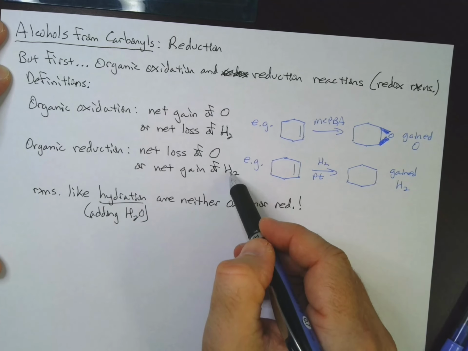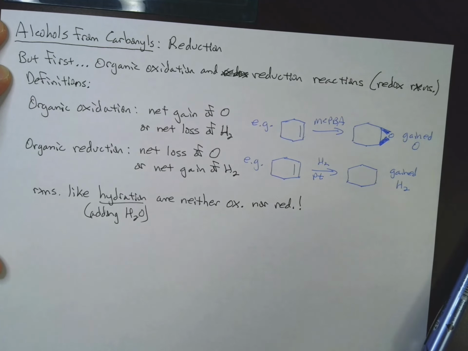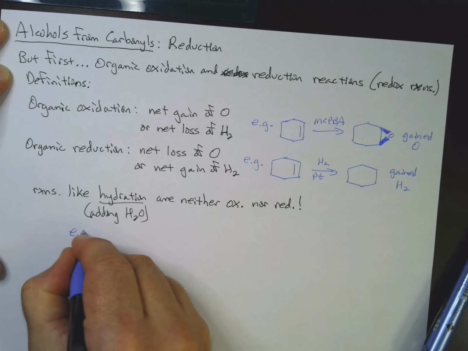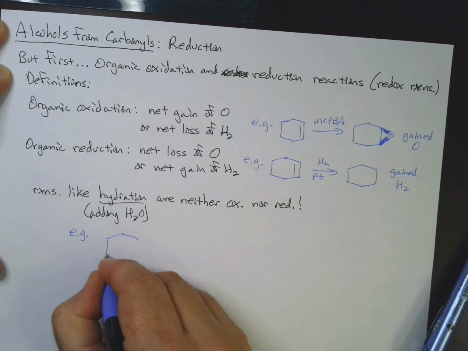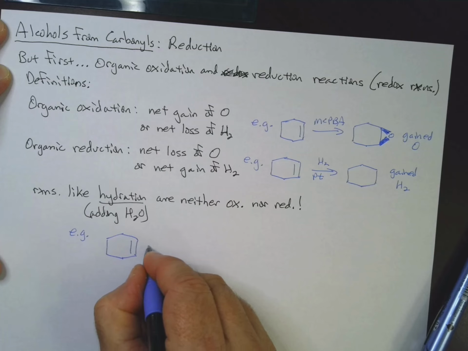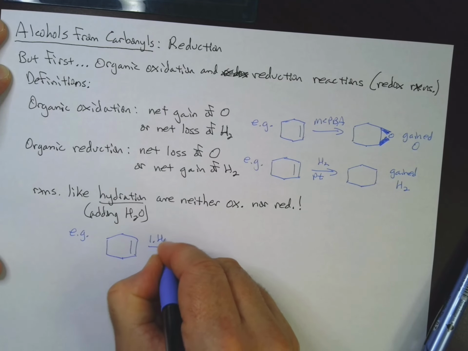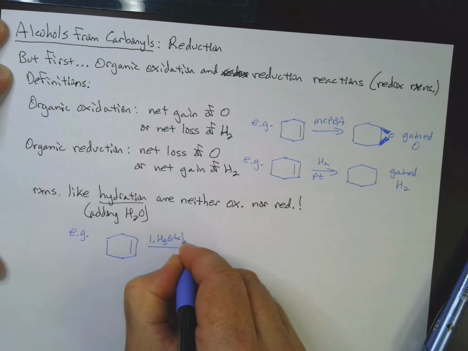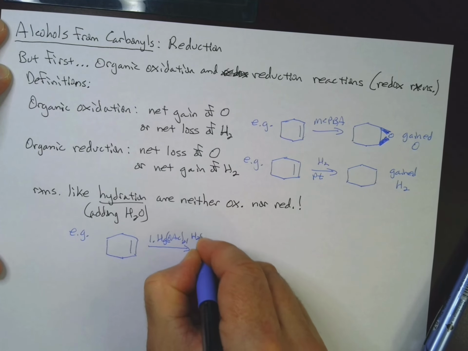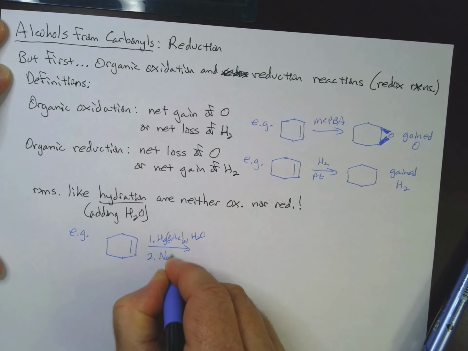So we're adding H2, but we're also adding O. So for example, I could have that molecule before, and I could do HgOAc2, H2O, followed by NaBH4.